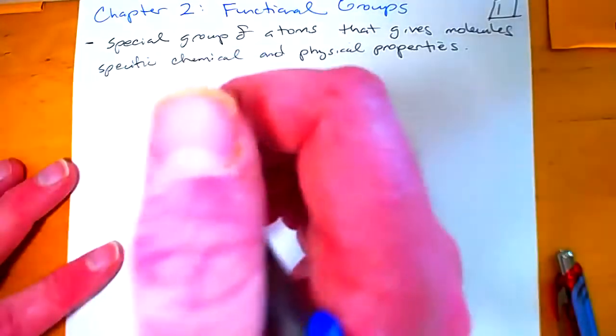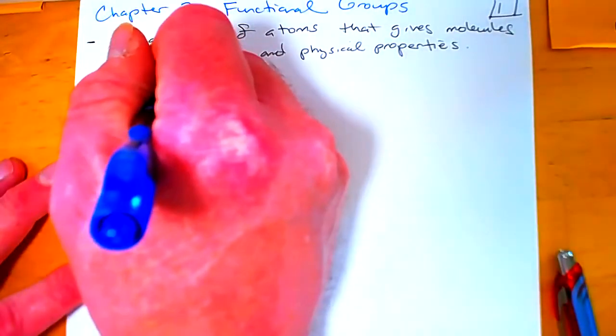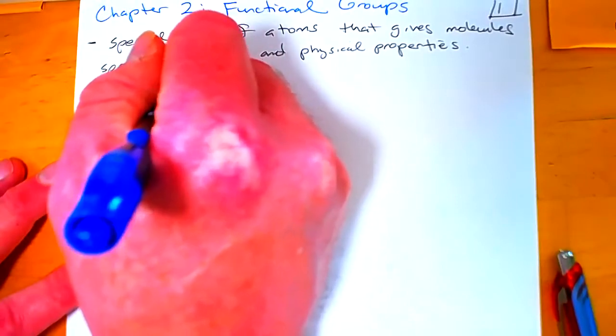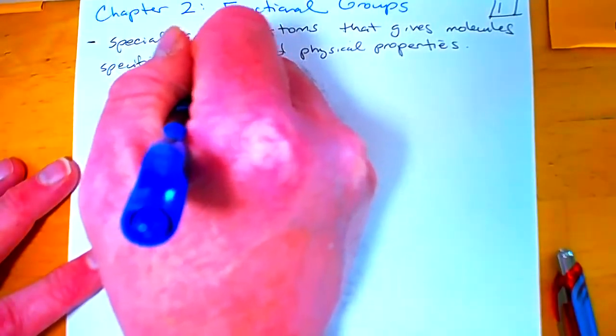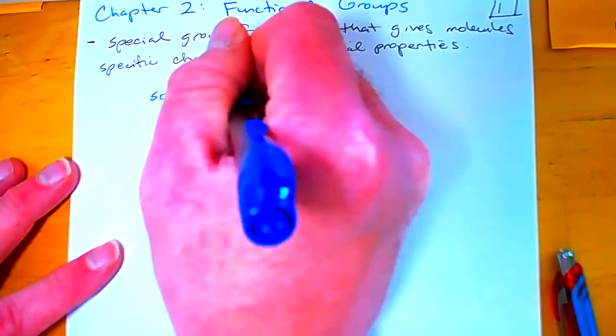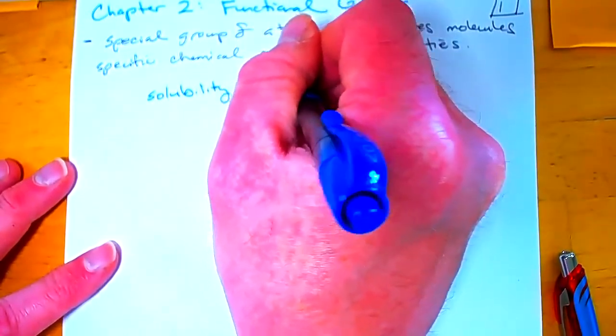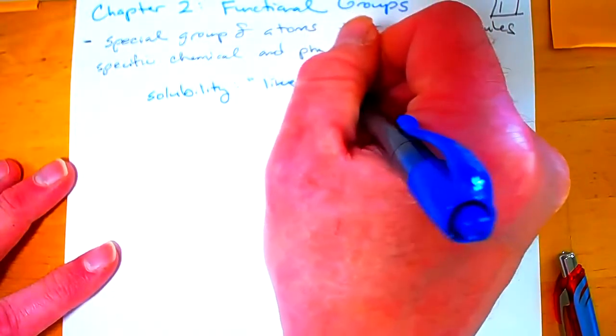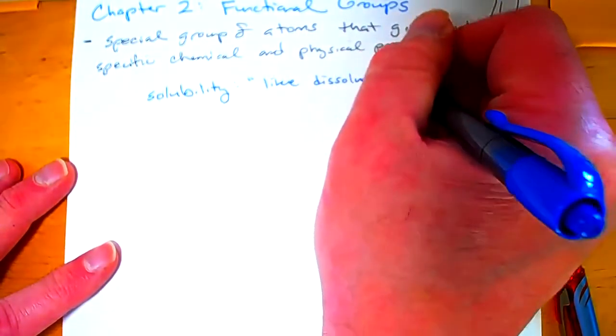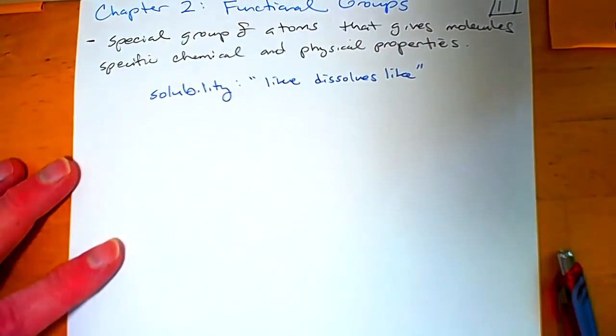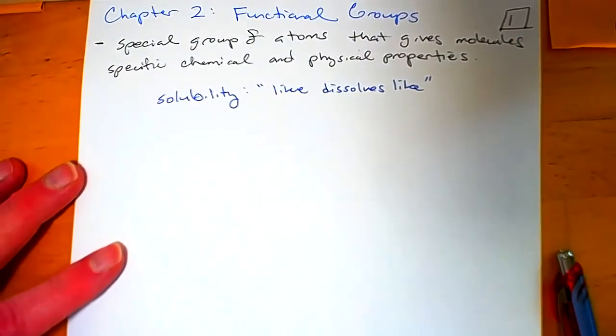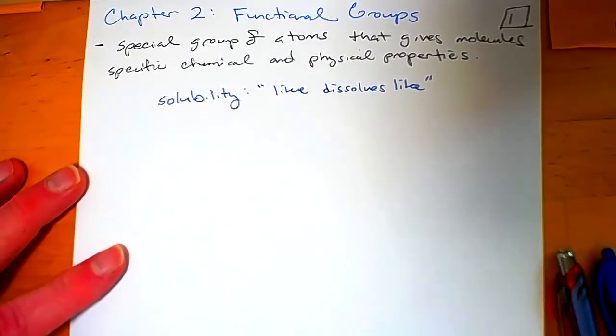One thing we're going to be addressing here is a concept that you talked about quite a bit in general chemistry, and that is solubility. The rule of thumb for solubility is like dissolves like. If you remember those intermolecular forces we talked about, it has a lot to do with those.